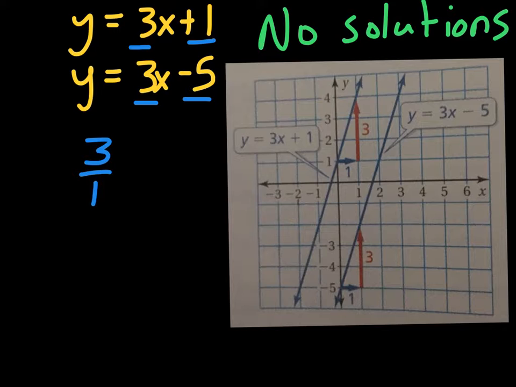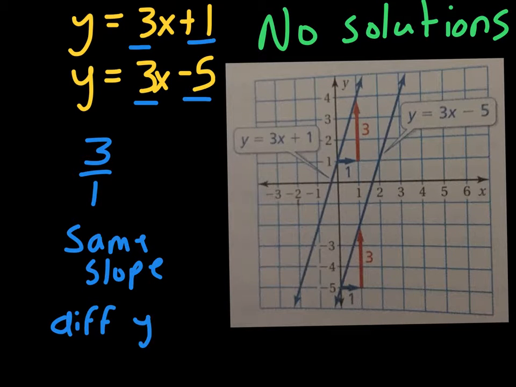Are they the same or are they different? They're different, right? So because they have the same slope and different y-intercepts, then they're going to be parallel and your answer is going to be no solutions. So let's recap. Two linear equations with the same slope and different y-intercepts will always be parallel, and that means you're going to have no solutions. I would write that down and remember that one.